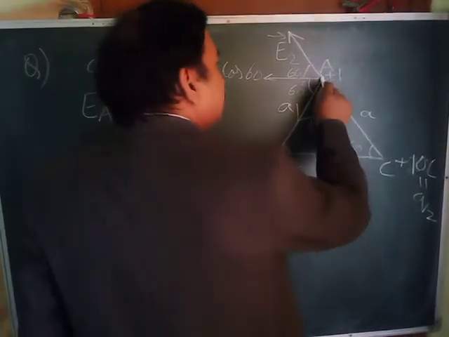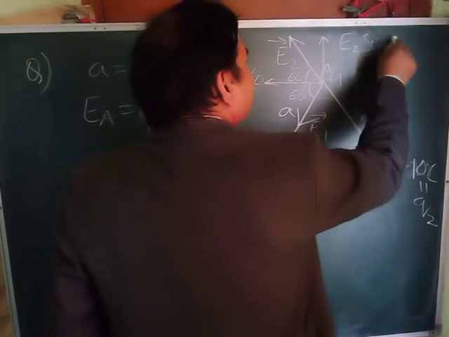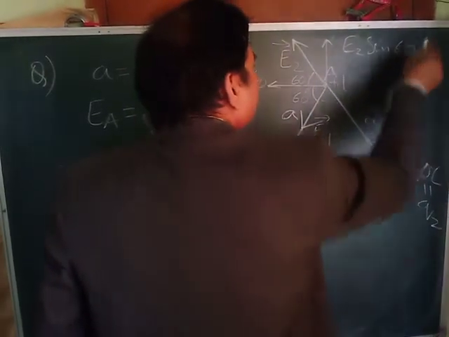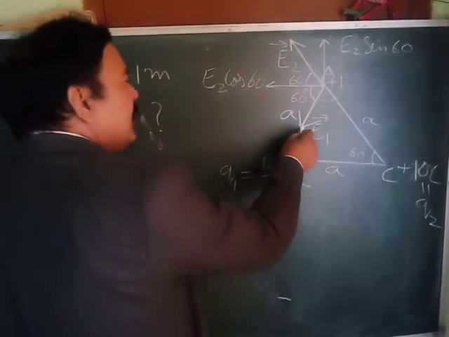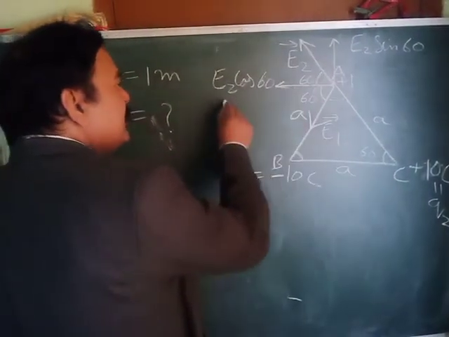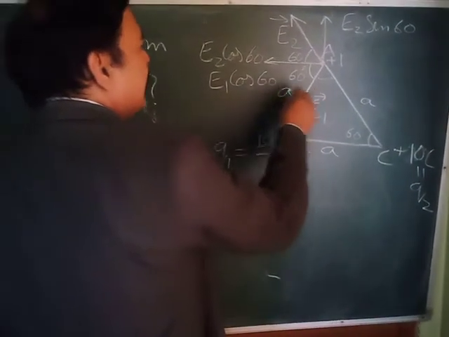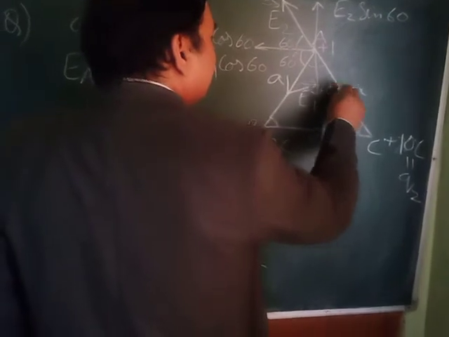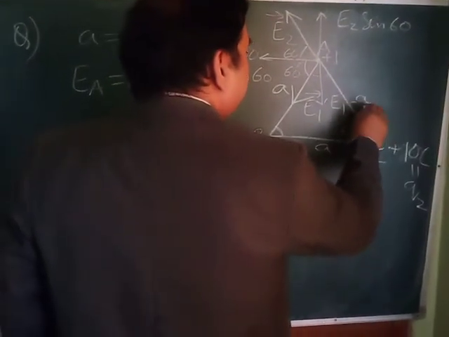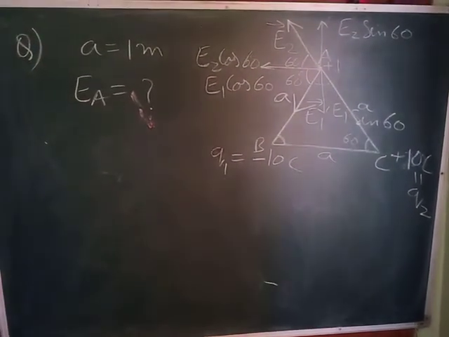And here we get E2 sin 60. When we talk about E1, again the angle is connected on this side, so we write E1 cos 60, and on this side E1 sin 60.